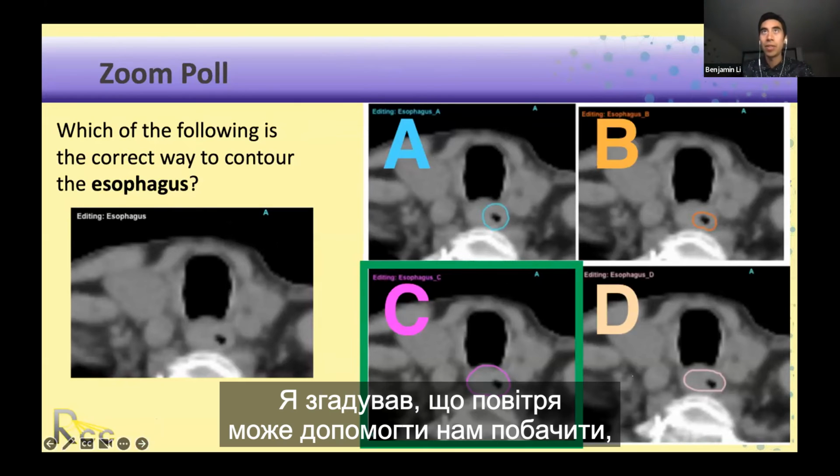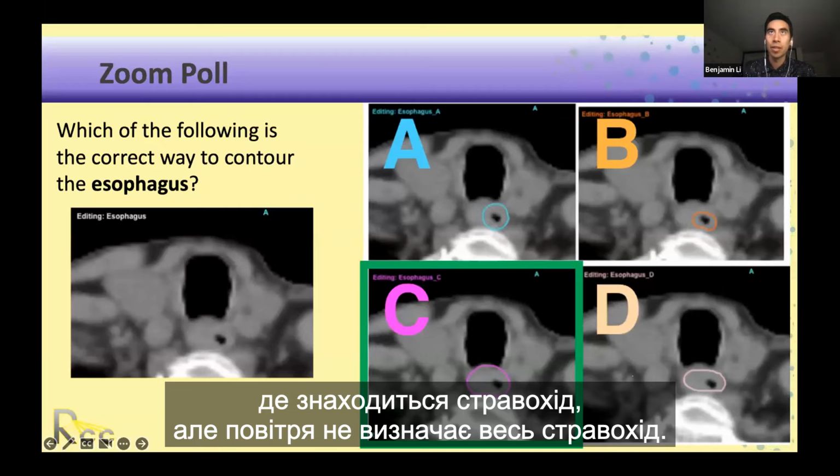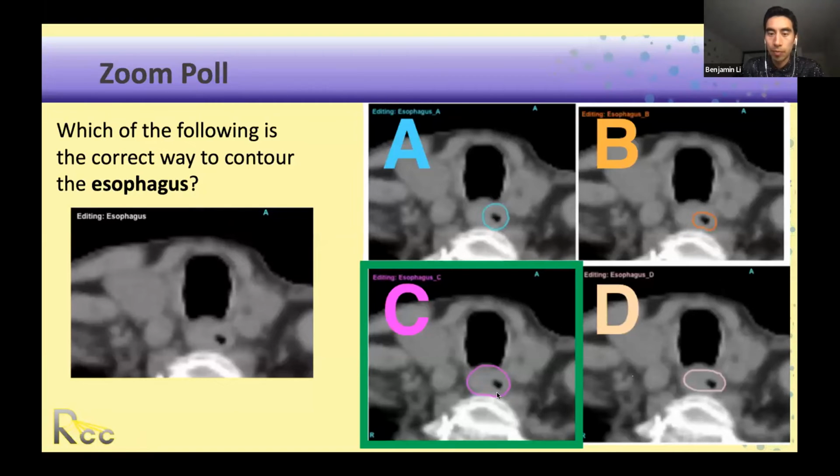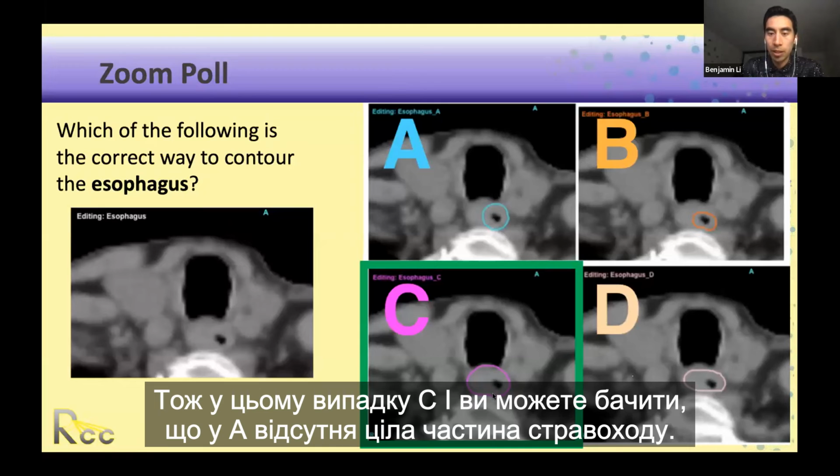So I mentioned that air can help us see where the esophagus is, but air does not define the entire esophagus. So in this case, C is the correct answer, and you can see that A is missing this whole part of the esophagus.